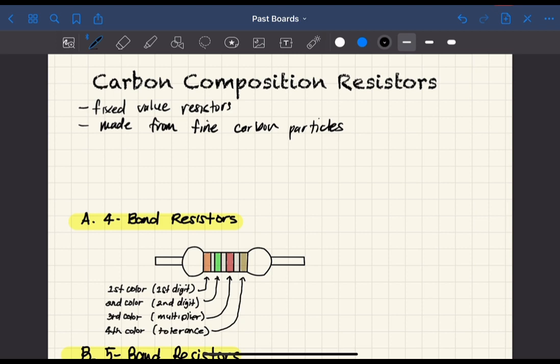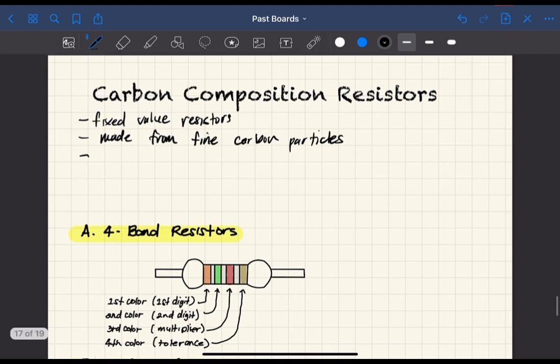The wattage rating of this specific type of resistor is usually from 0.1 to 2 watts.